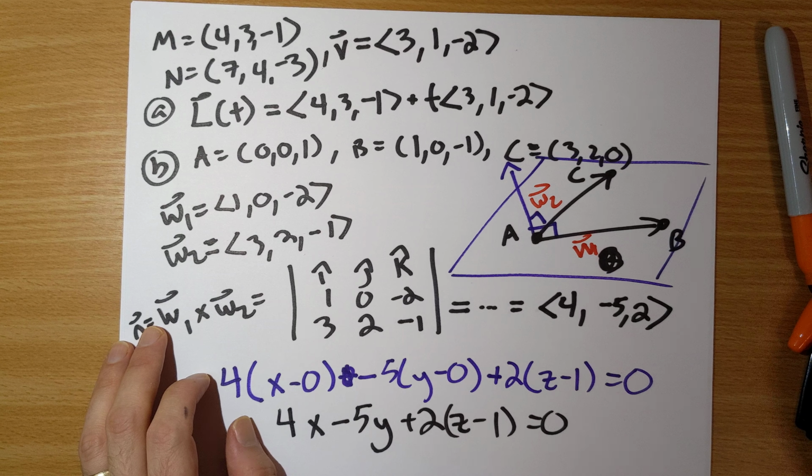So what do we do? Let me rewrite L of t here. It is going to be (4 plus 3t, 3 plus t, negative 1 minus 2t). What we're going to do is plop in x is 4 plus 3t, y is 3 plus t, z is negative 1 minus 2t. We're going to plop that into this equation down here.